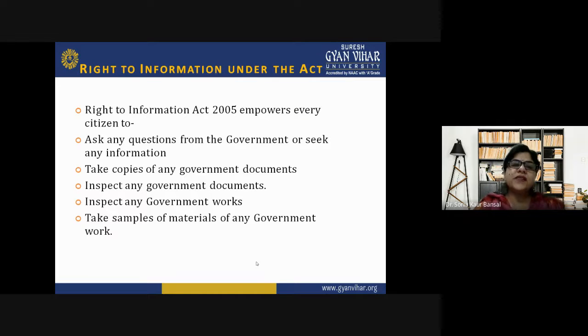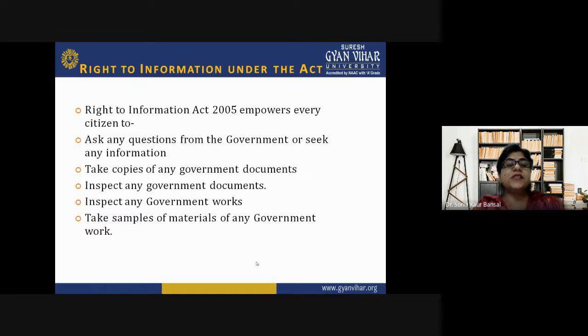Now, students, let's understand the right to information under the Act in a more elaborate way. The Right to Information Act 2005 empowers every citizen. It is a wonderful way of empowering the citizens, and it empowers every citizen to ask any question from the government or seek any information at any time, and take copies of any government documents.